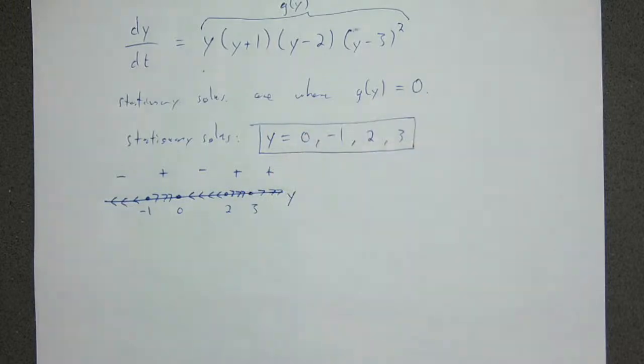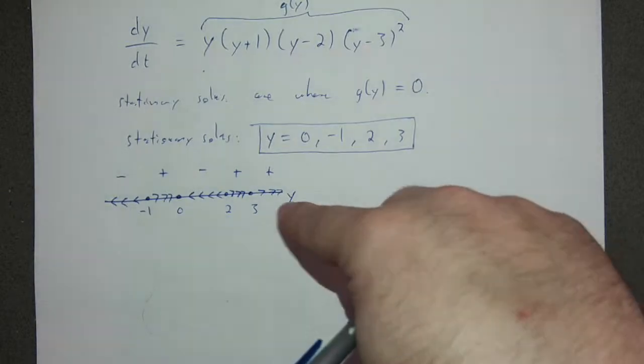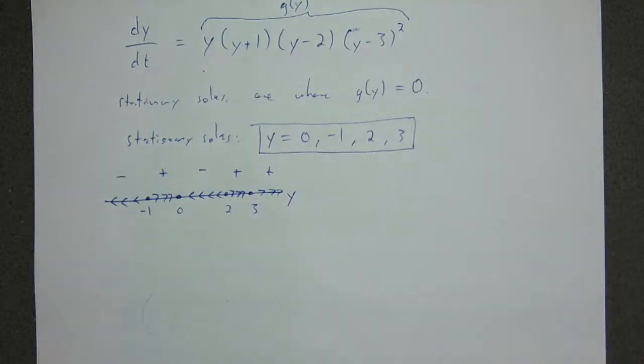All right, so now it is time. We've finished our picture. We finished our phase portrait. Now it's time to interpret what this means. These arrows indicate the behavior of the solutions as t increases or goes towards positive infinity.